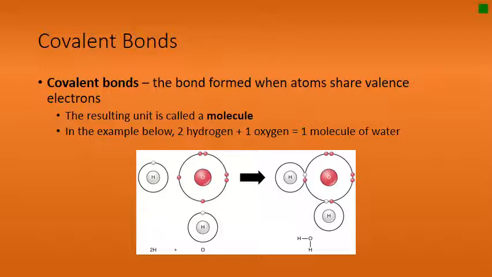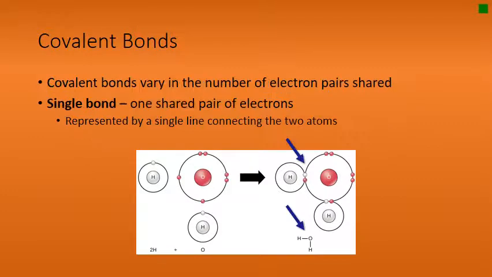So we took two atoms of hydrogen and their valence electrons, reacted them with one atom of oxygen, and the result is one molecule of water, and all three atoms having a full valence shell of electrons.